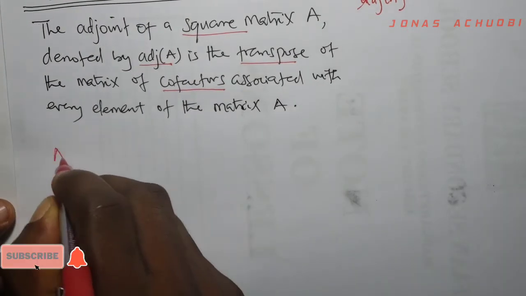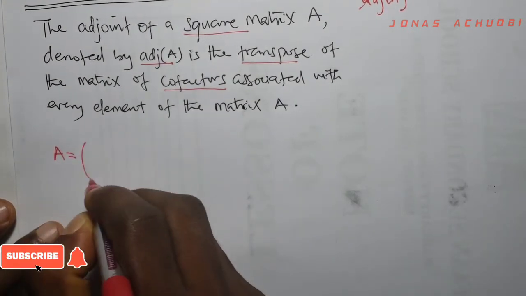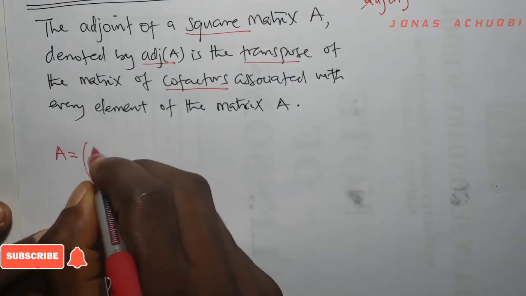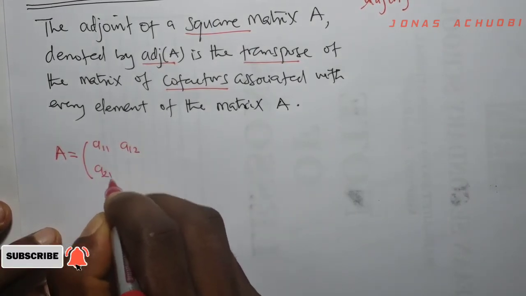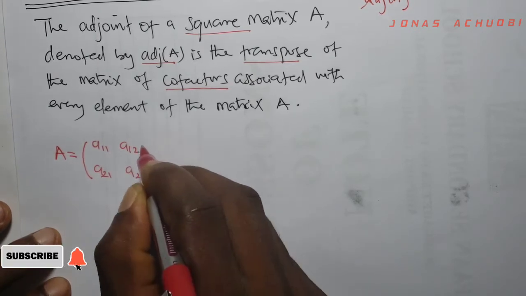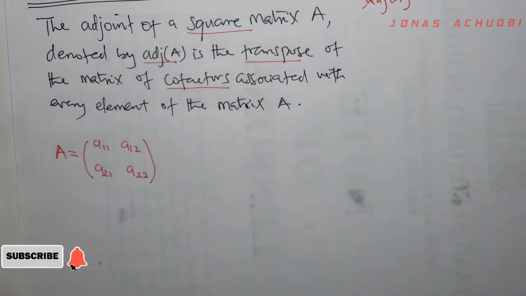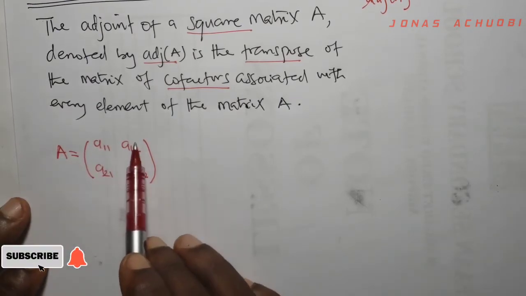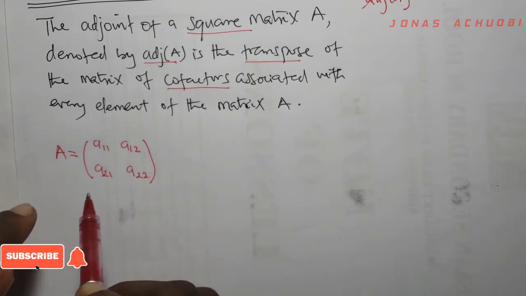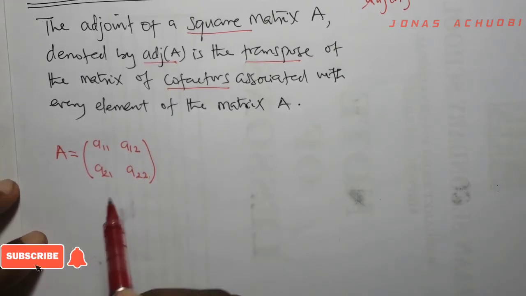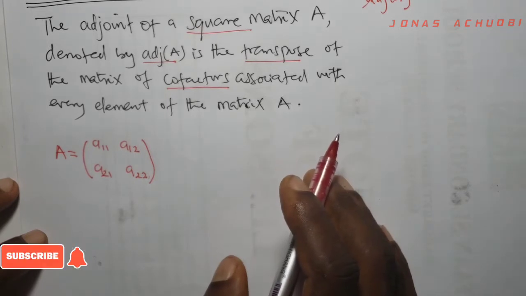Let's assume we have a matrix A, our general 2 by 2 square matrix, with entries A11, A12, A21, and A22. This matrix has 4 entries. Therefore, each entry of this matrix has what they call a corresponding cofactor.